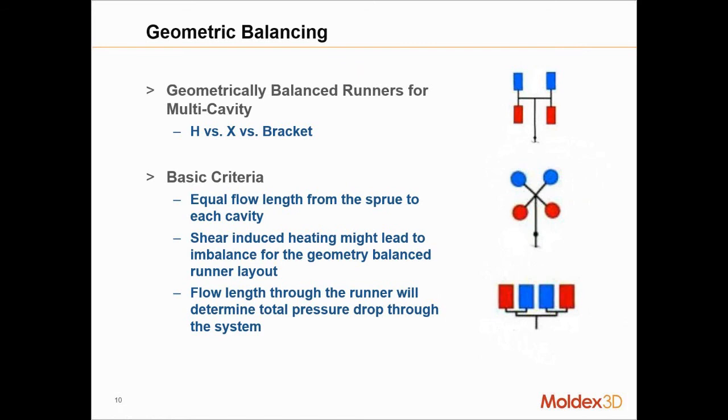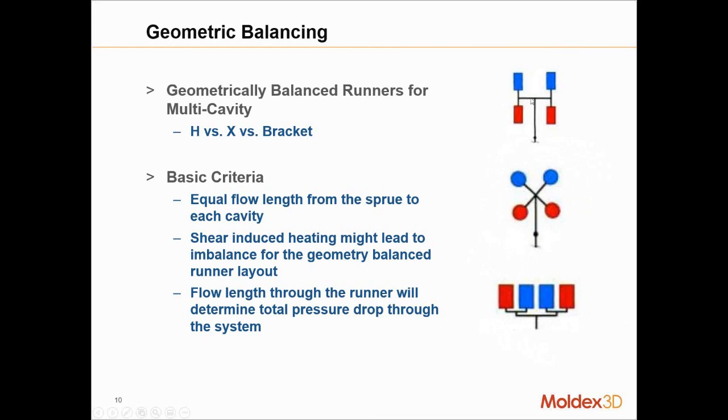Now, as far as these three systems are concerned, the X layout is usually the best as far as pressure because it has geometrically the shortest flow front. So for example, if I take the connection point between here and draw a diagonal to my part, I create a right triangle.